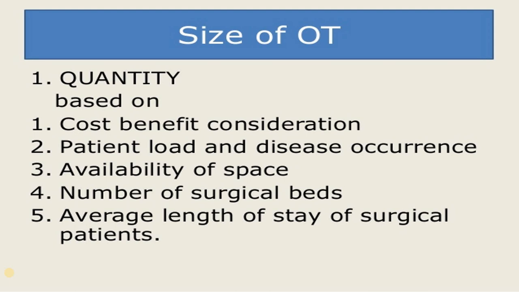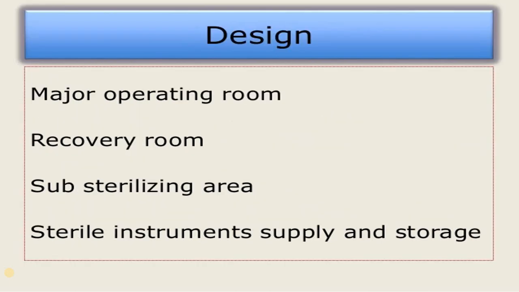We also discussed patient load and disease occurrence, availability of spaces, number of surgical beds, and average length of stay of surgical patients. Now today we will discuss the classification of OT.